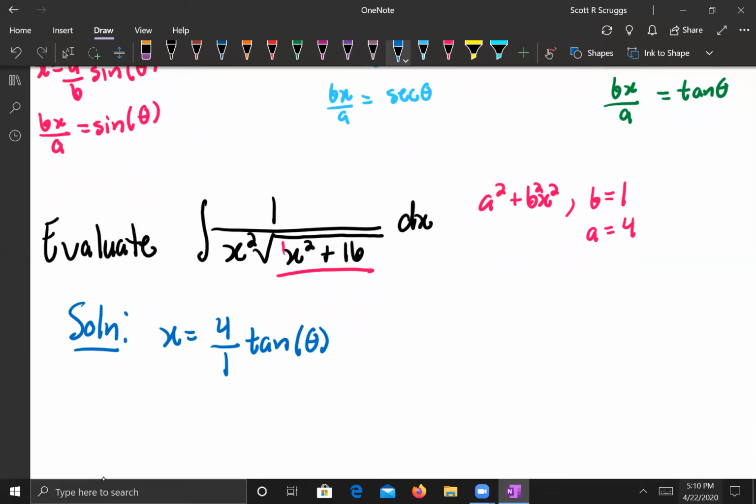Because the integral contains a squared plus b squared times x squared, my trig sub will involve a tangent. I take the ratio of a over b. 4 divided by 1 will just give me 4. So 4 times tangent of theta is what I'm going to define for x.